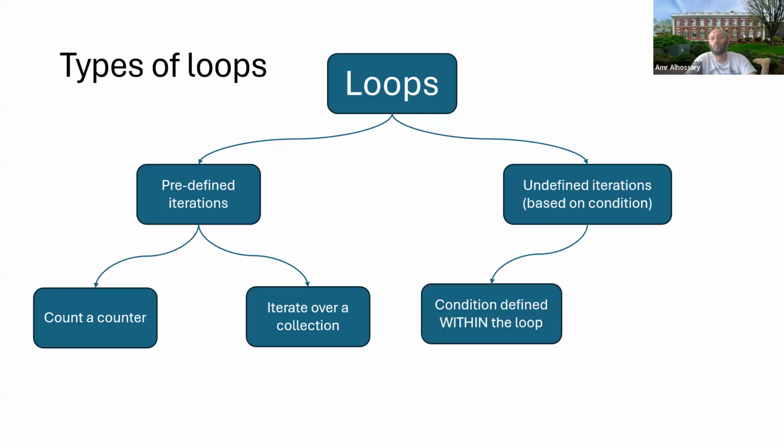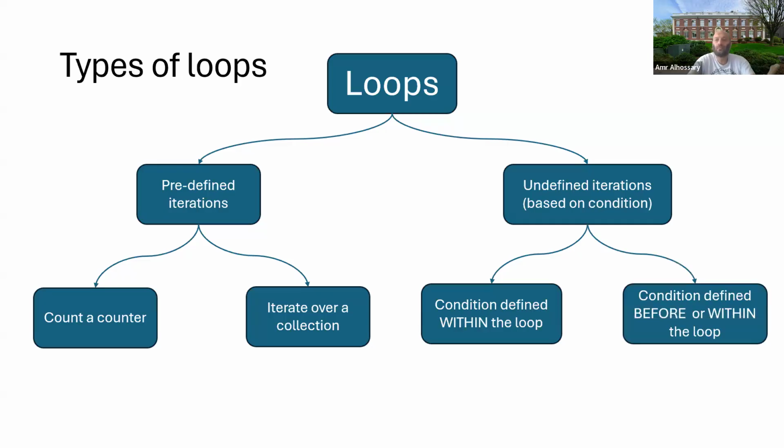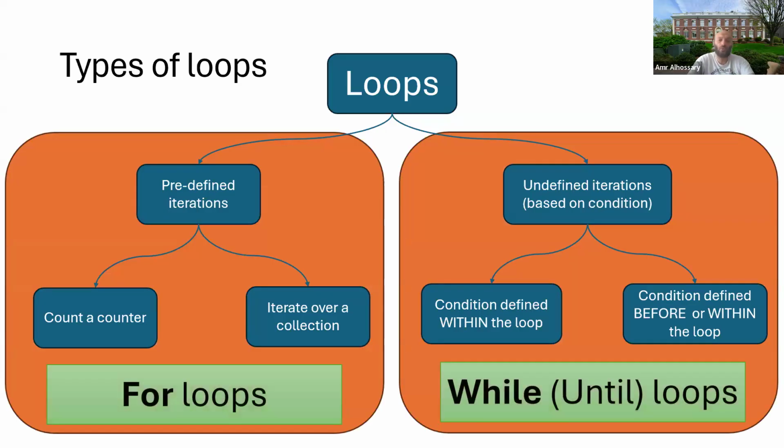Based on a condition, the condition can be defined before or within the loop. This group, the left group, is usually in high level languages, including Java and others, called for loops, and the right group is called while loops or until loops.